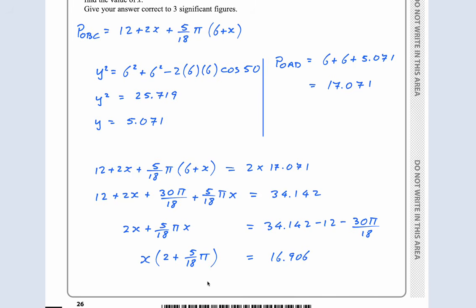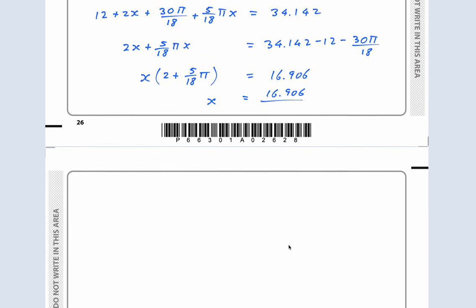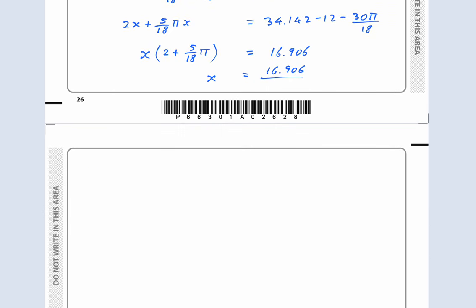16.906, which means finally x is equal to 16.906 divided by all of this, 2 plus 5 over 18 pi.